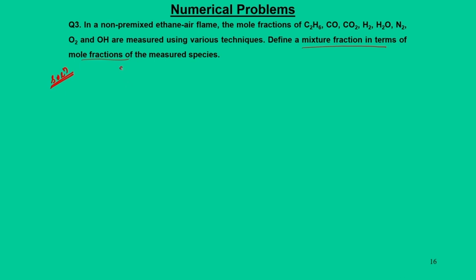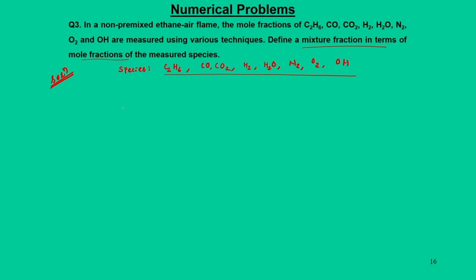The species available at any instant during a combustion process are C2H6, CO, CO2, H2, H2O, N2, O2 and OH. At any instant of time we find these species available.